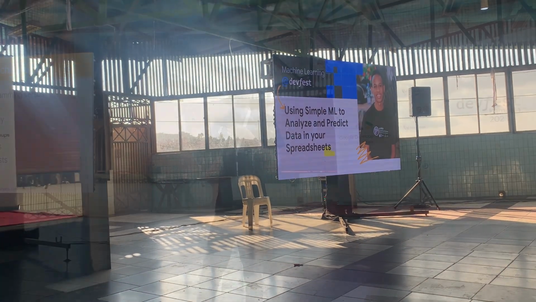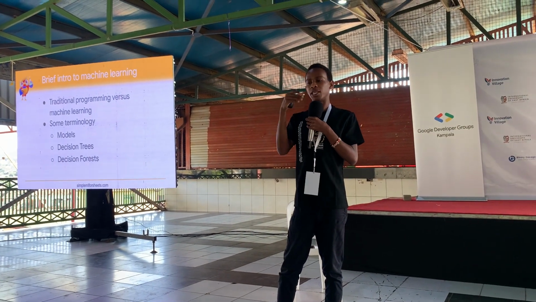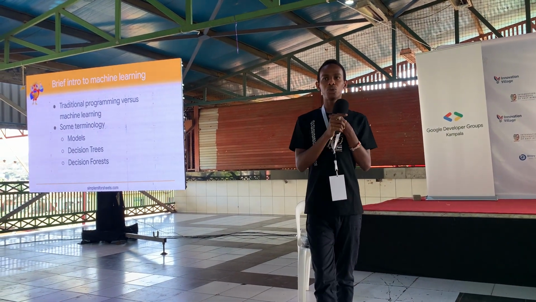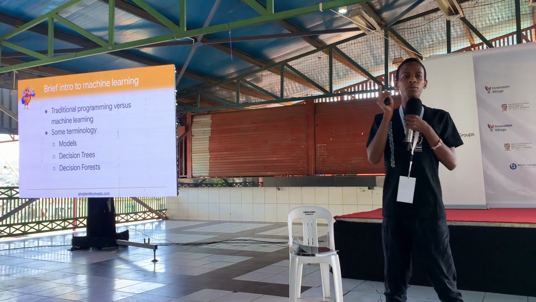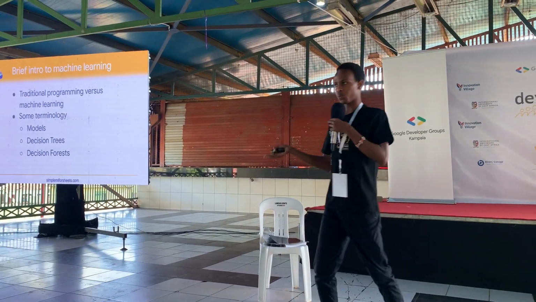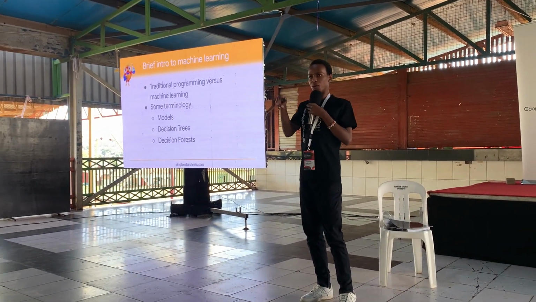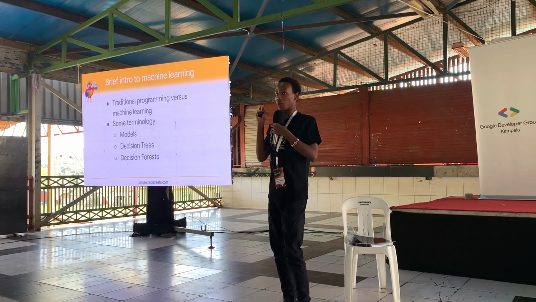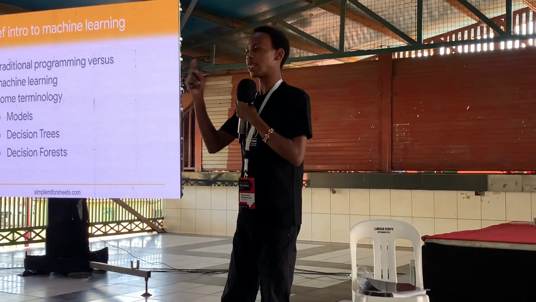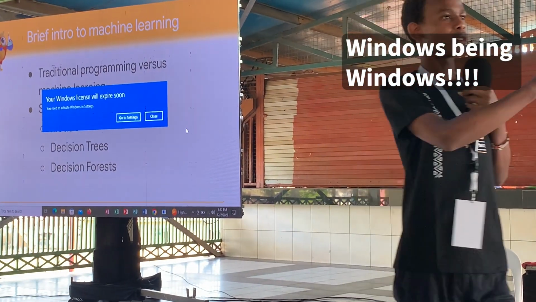I show the user the input, and then I have a formula, which will be addition, and then I write a program to do it. But in machine learning, we don't do that. In machine learning, we give the algorithm the input and the output, and then we want it to figure out the formula on its own. So we're not giving it the formula, we're only giving it the data, which is the input and the output, the features and the prediction, and it will give us a prediction after that.